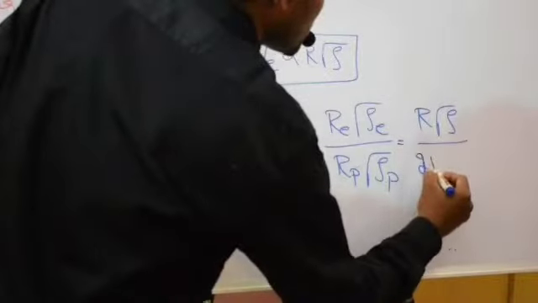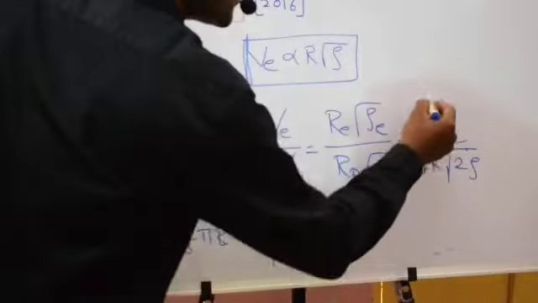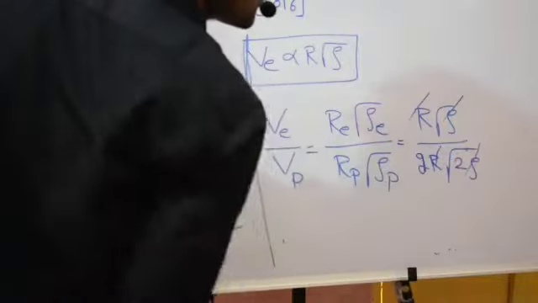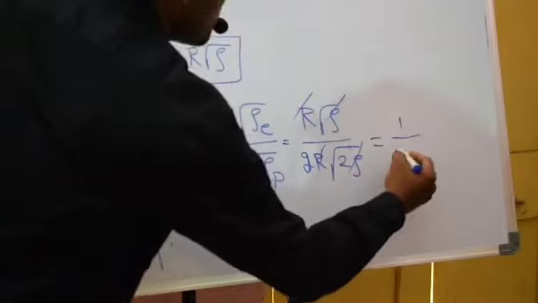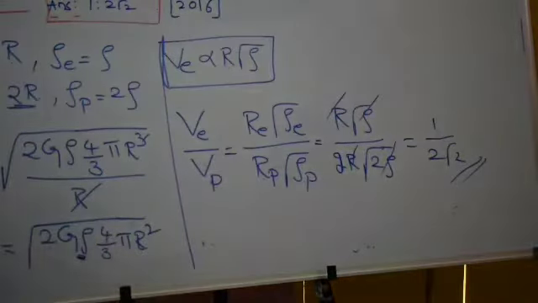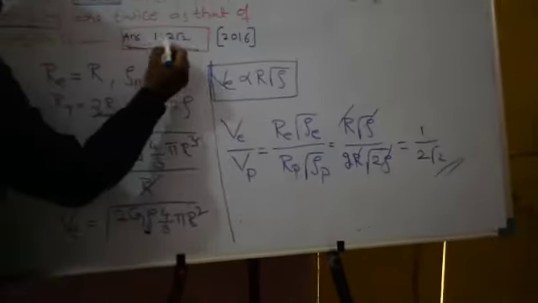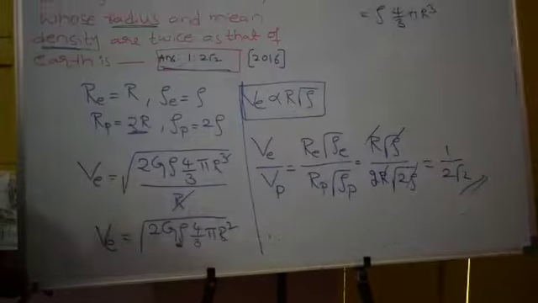So 2R under root of 2 rho. See here R gets cancelled, root rho gets cancelled. 1 divided by 2 root 2, we got it. The final answer is 1 by 2 root 2.